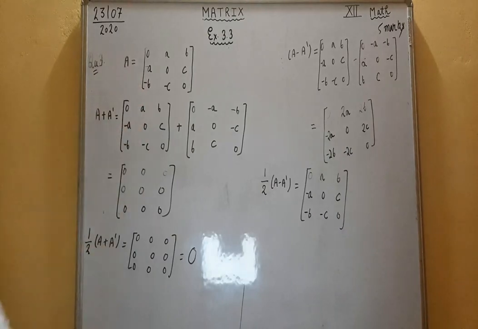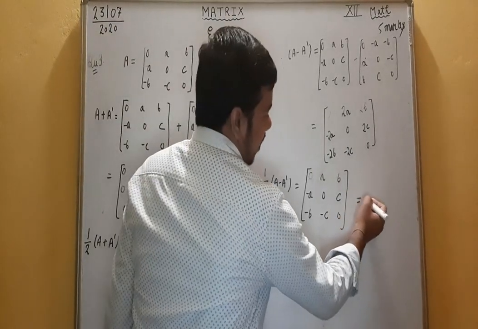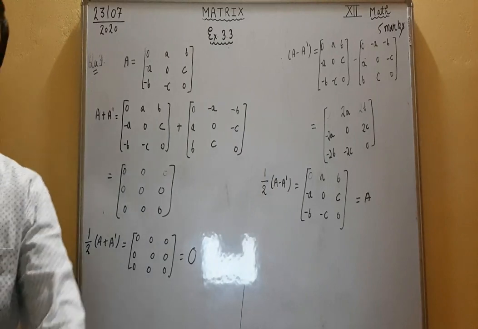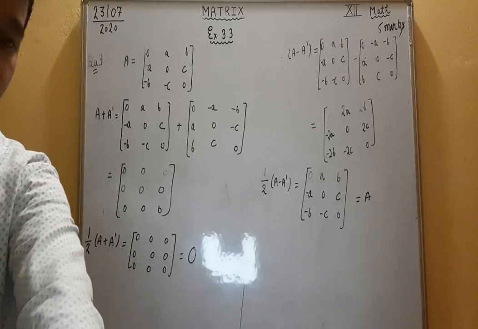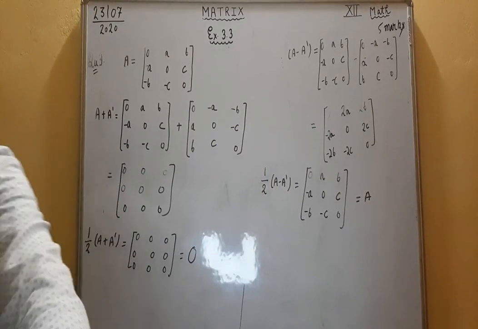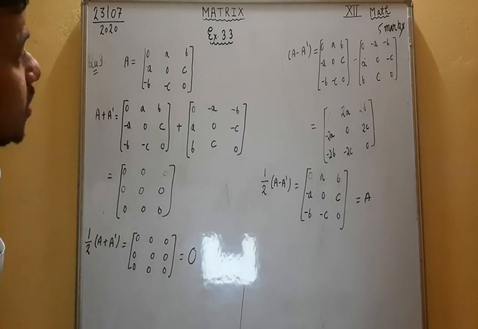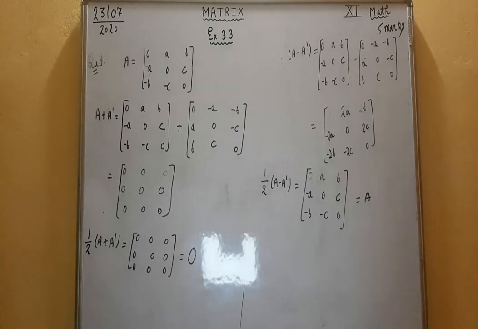This is the matrix A. Means half of A minus A dash is equal to A. Okay. Now see the next problem. Problem number 10. In problem number 10, there are 4 parts. I will do only one part. In a similar manner, you can do other parts. Right? Let us see.